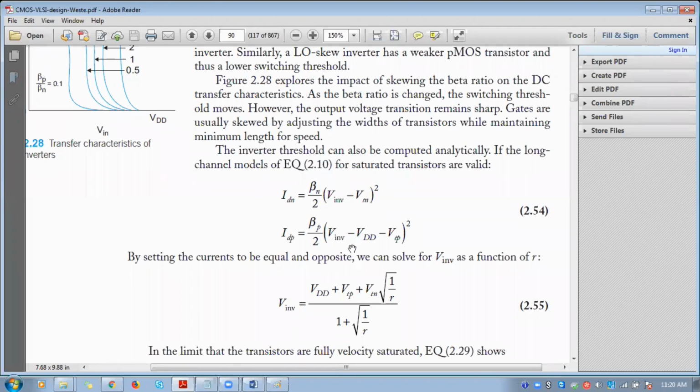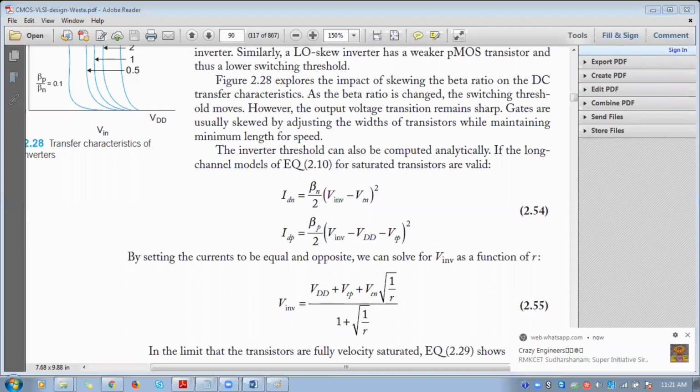But here we have to overcome the VDD voltage which is connected to the source. That's why VDD plus VTP comes here, minus of (VDD plus VTP). So expanding that minus, we get minus VDD minus VTP. That's why we have to consider VDD here. So beta P by 2 into (Vin minus VDD minus VTP) the whole square.